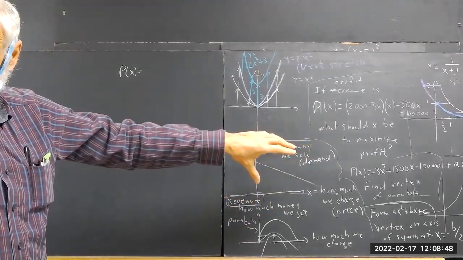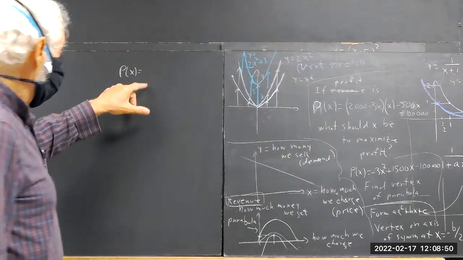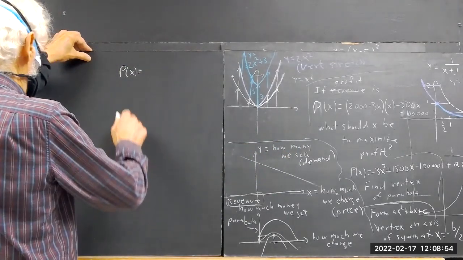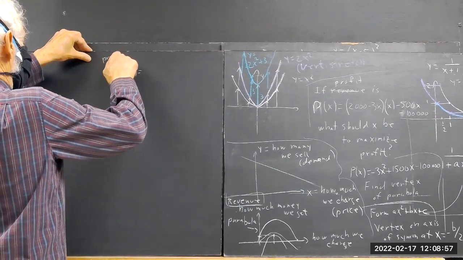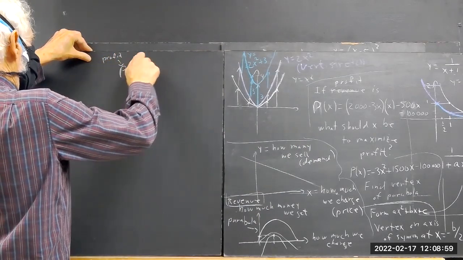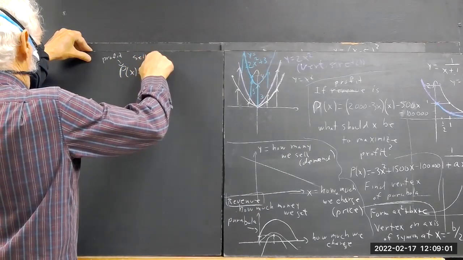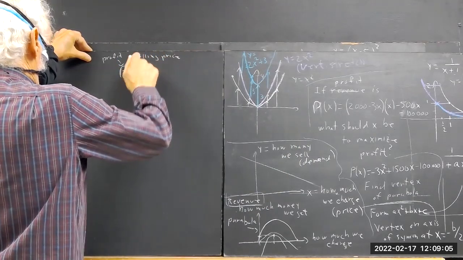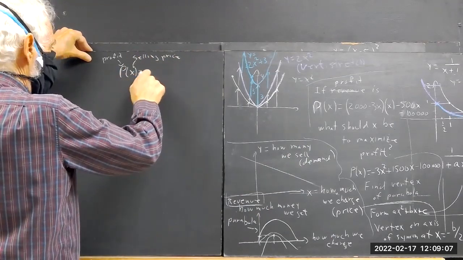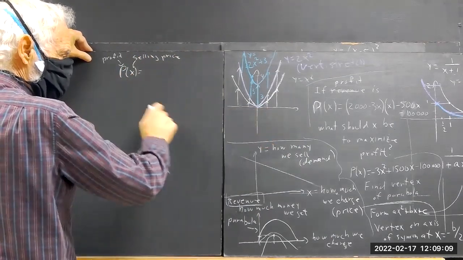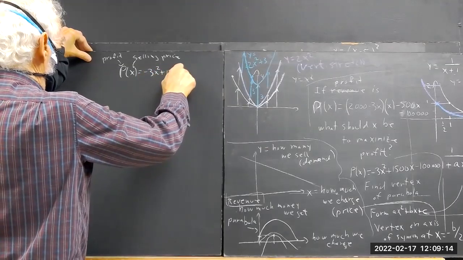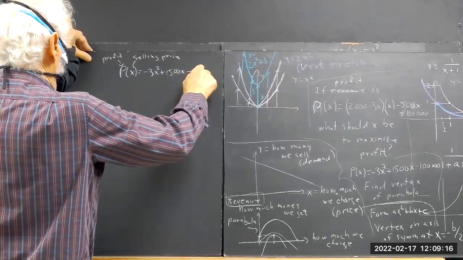You don't have to understand that. P of x is your profit, x is your cost, or selling price. And it's, after simplification, negative 3x squared plus 1500x minus 100,000.